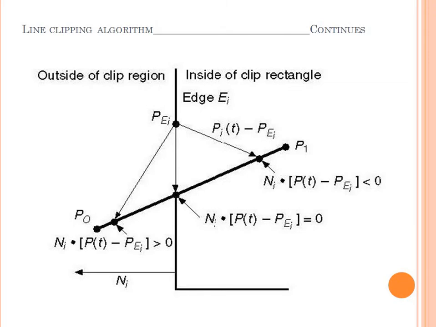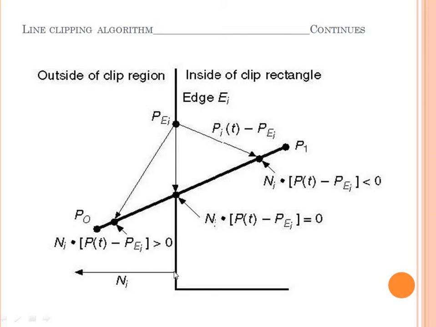Here, n dot (P of t minus P of E) is equal to modulus of n times modulus of (P of t minus P of E) times cos theta.